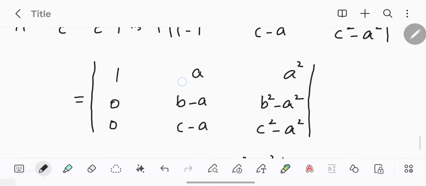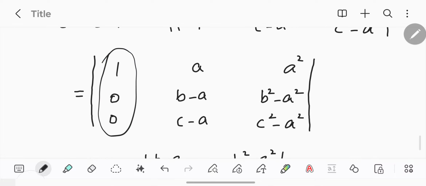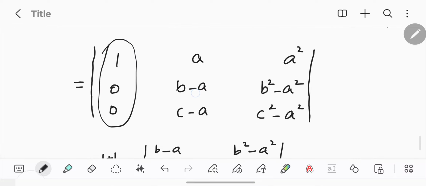Plus, because I have to expand it along this first column, the cofactor related to the first element has been done.